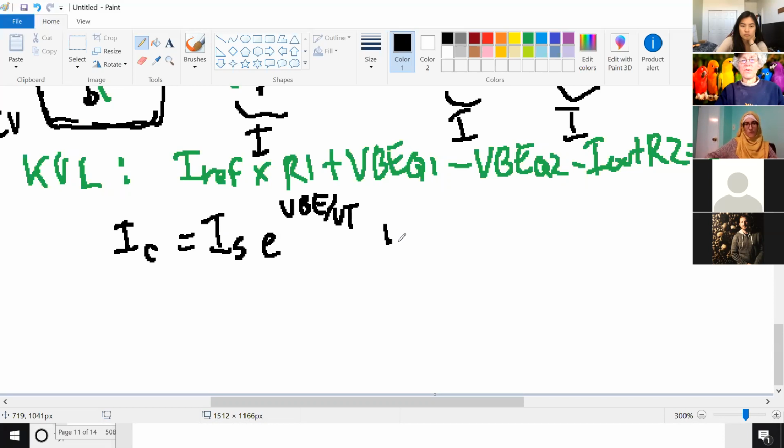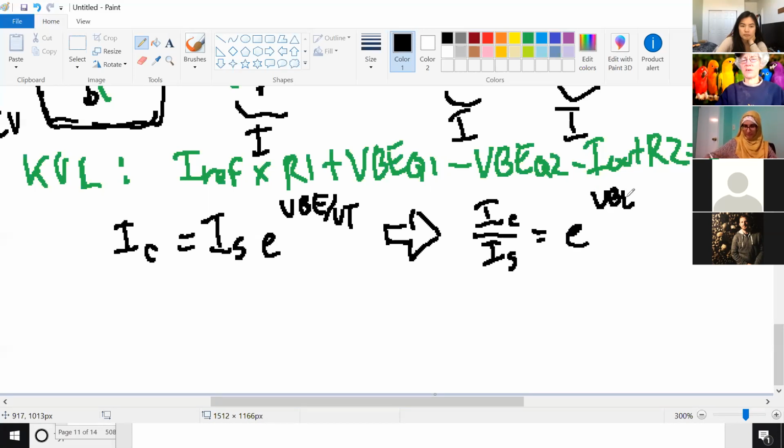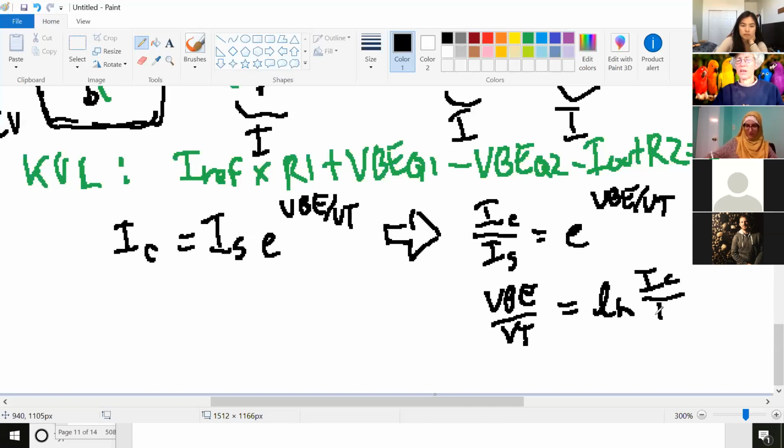And if you solve for VBE, first you get IC over IS equals e to the VBE over VT. And then you take the natural log of both sides, and you get VBE over VT equals natural log of IC over IS.